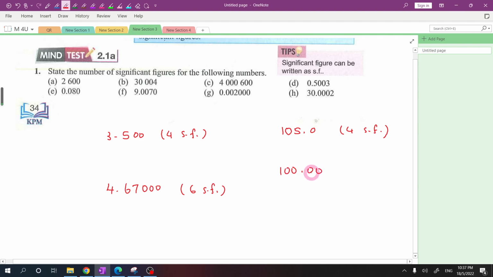In this situation, we actually have 1, 2, 3, 4, 5. We have 5 significant figures. Remember, the zeros at the end of a decimal will definitely be considered significant figures. Therefore, here we have 1, 2, 3, 4, 5. 5 significant figures.